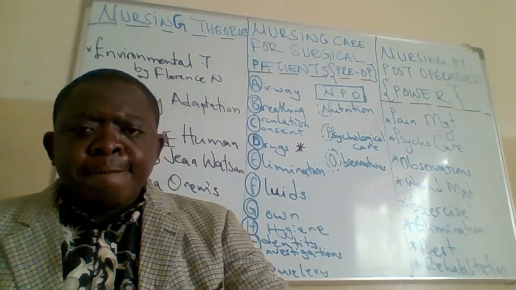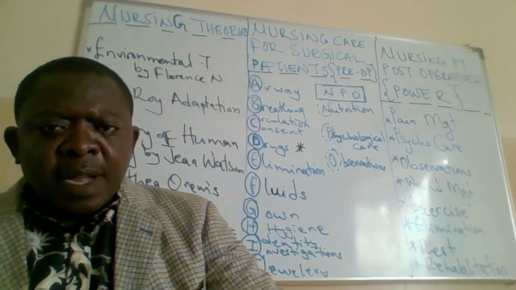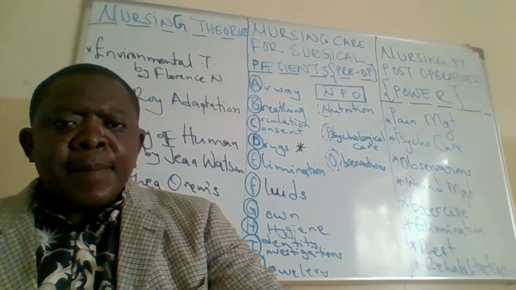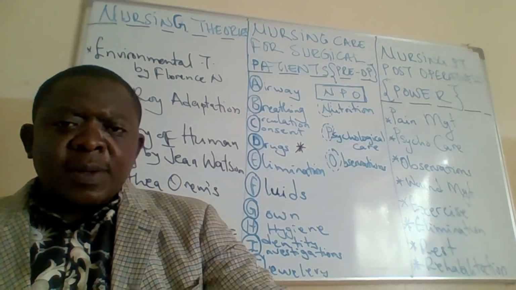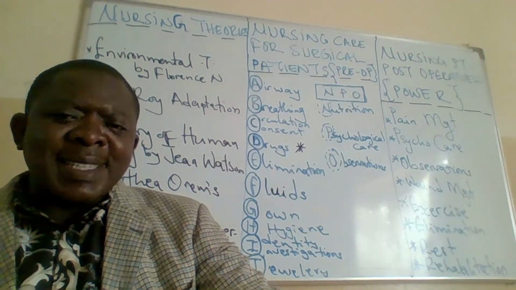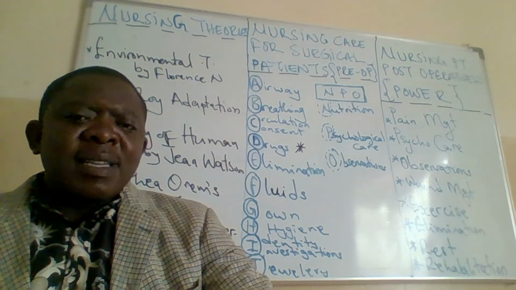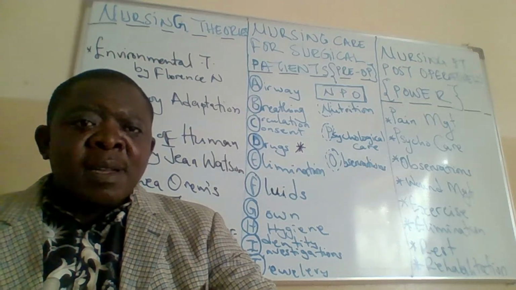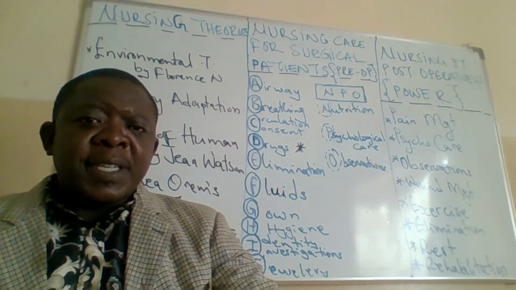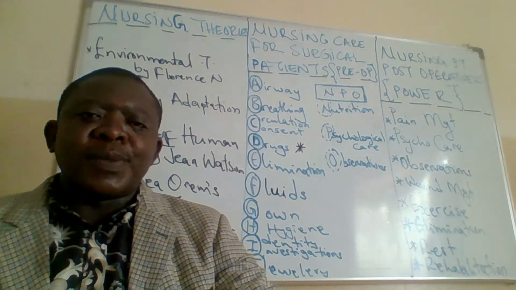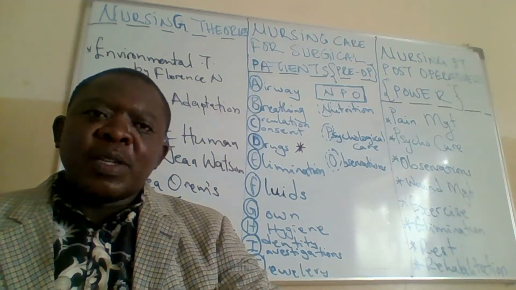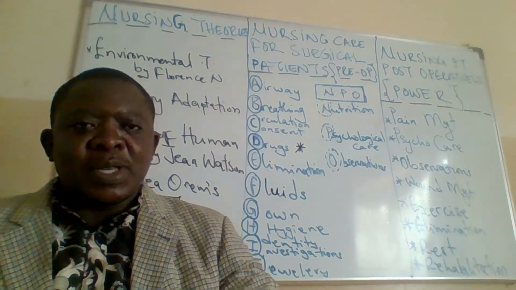Okay, after hygiene, because it's alphabetically arranged, we are looking at I. So I is for identity. Provide an identity band to the patient so that we know the type of surgery when you bring the patient to theater.